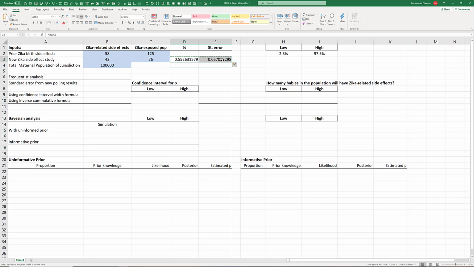We really don't need that for our analysis, but for the sake of similarity, let's do that. Okay. So now the standard error from the new polling result is that.